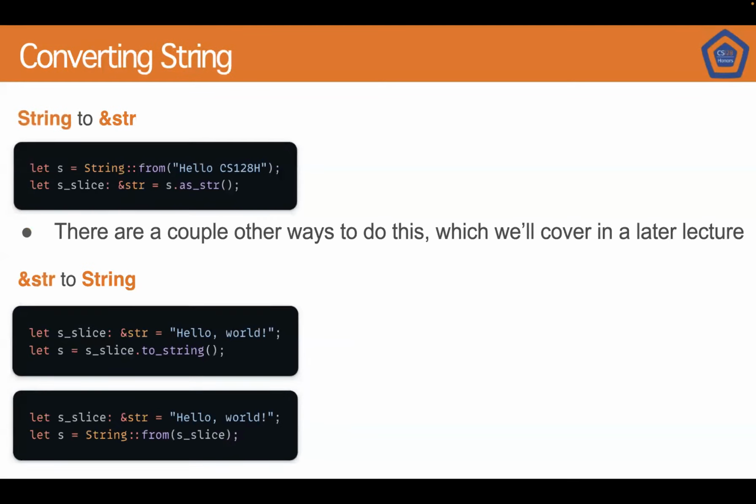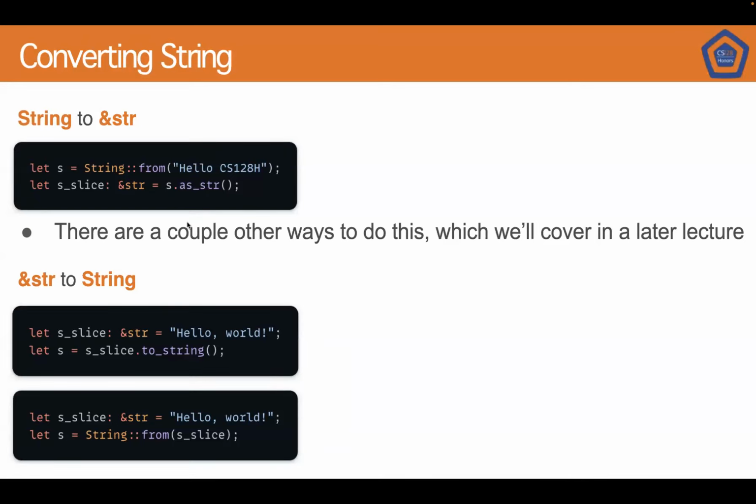So now to convert between the two, if you want to go from a String to a string slice, you can use the as_str method. So in our example, you can see that we created a capital S String using the from method, and then we converted that to a string slice using the as_str method.